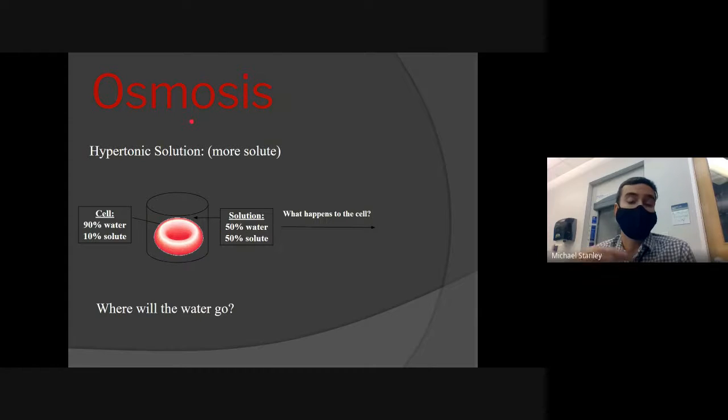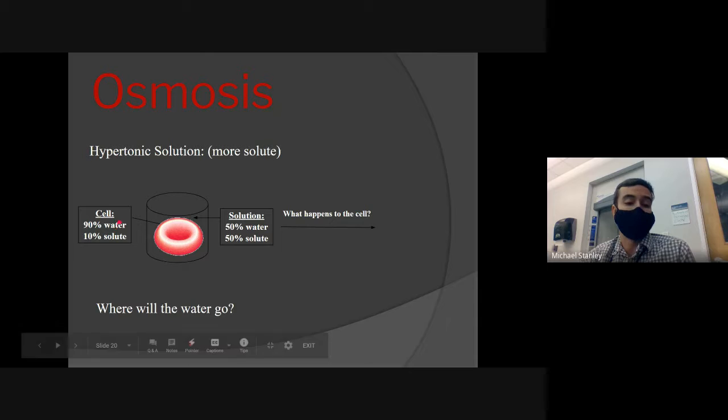So this is water going from the high concentration to the low concentration. In this case, our high concentration is inside the cell, right? We have 90% water inside the cell. Our low concentration is outside the cell. We only have 50% water outside the cell.